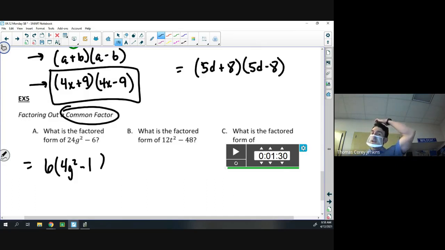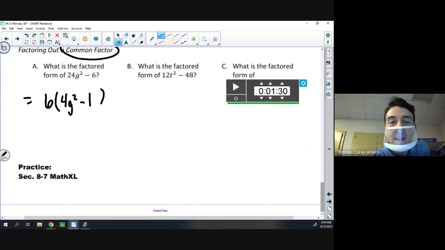Also notice that before we divided by the 6, 24g squared is not a perfect square because 24 is not a perfect square. Minus 6 is not a perfect square, right? But now after we divide, we are left with 2 perfect squares, okay? So we know at this point then that 6 has got to be part of my final answer.